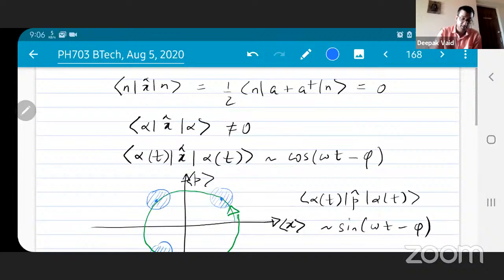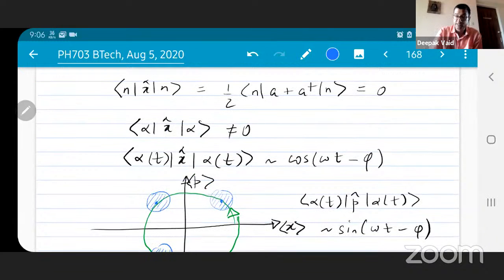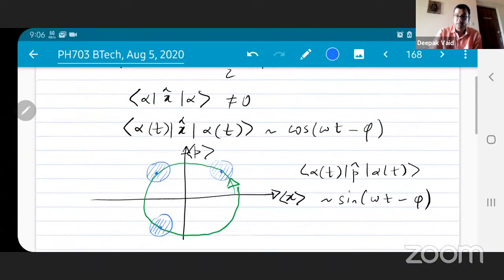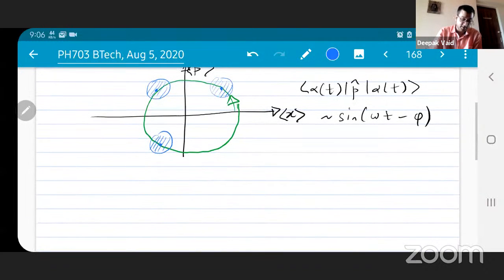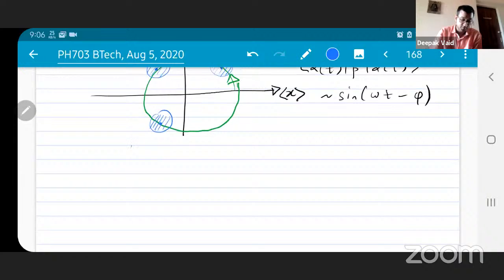So this is the sense in which these coherent states, which are minimum uncertainty states, correspond to classical states. So this is like the classical.